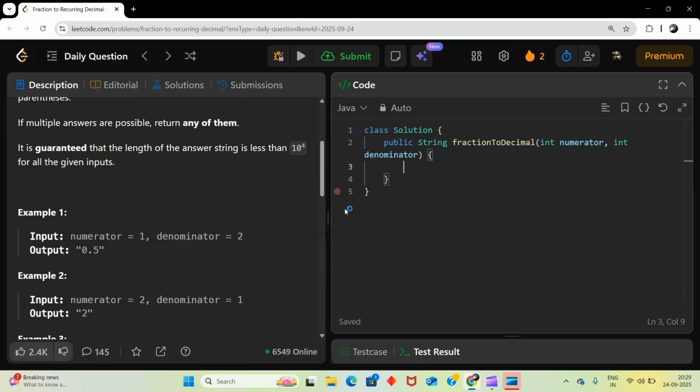So if our remainder is 0, that means the dividend is fully divisible by the divisor. And if my remainder is the same as before, that means I will be doing the same thing again, so we can see it is recurring. So there are two cases.